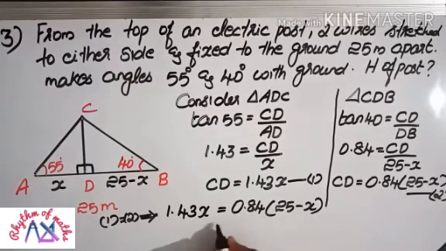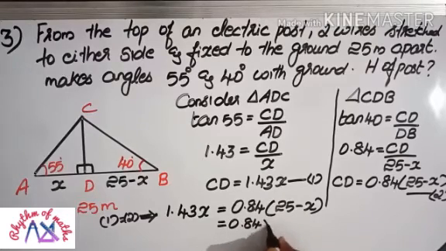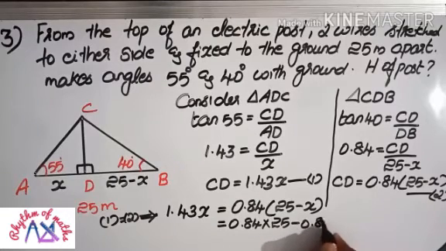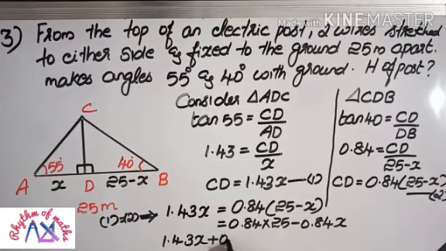Let's open the bracket: 0.84 into 25 minus 0.84x. Now take this 0.84x to this side. That means 1.43x plus 0.84x equals 0.84 into 25, and the answer is 21.